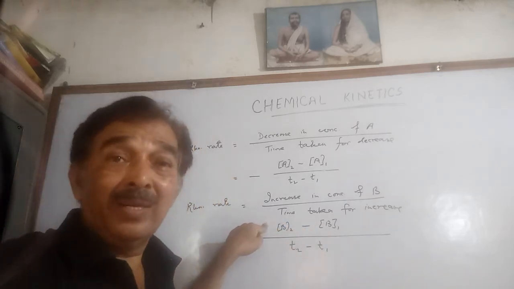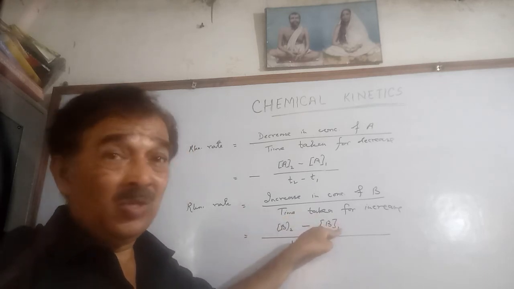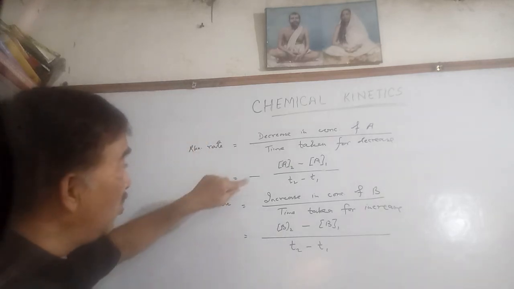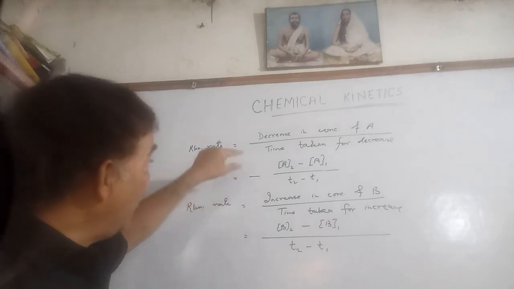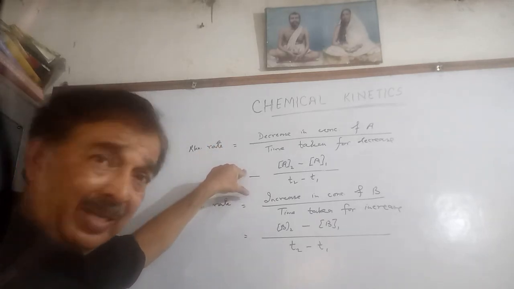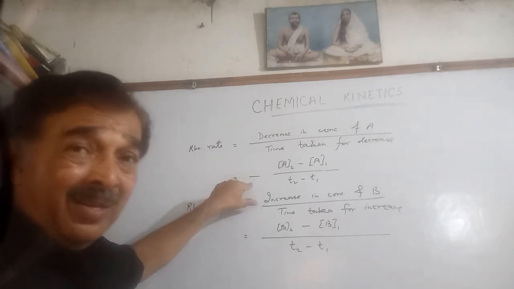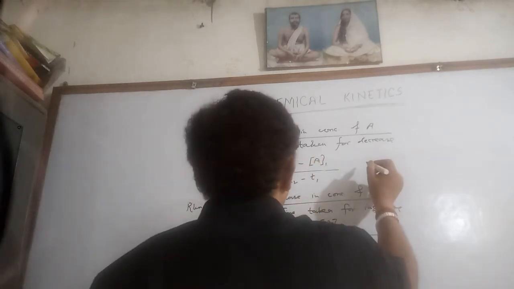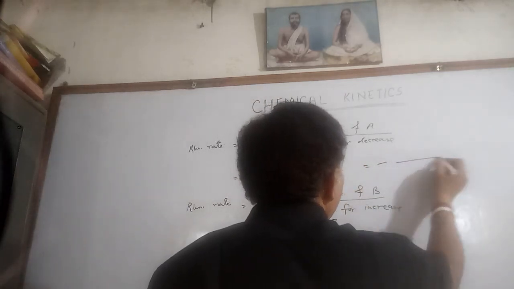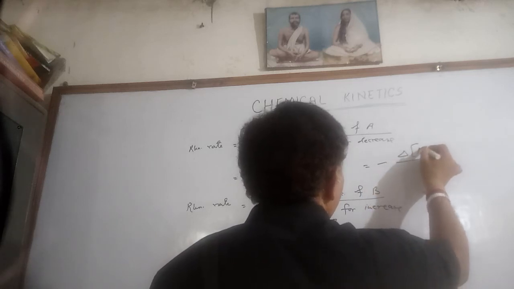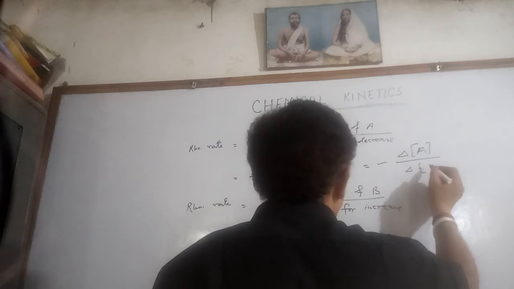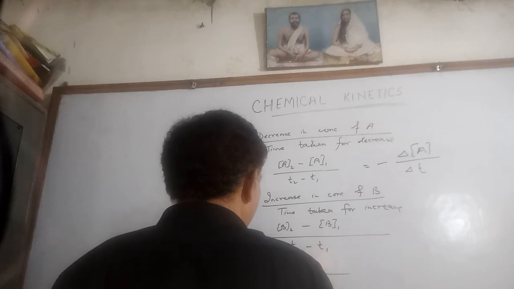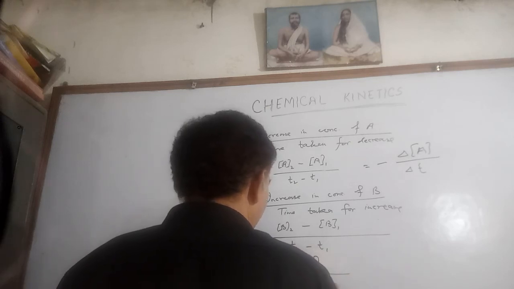Since B2 is greater than B1, the value will become positive. But to make it clear, we have to put a sign. In terms of a reactant, we will put a minus sign, and in terms of a product, we give a plus. So the same one can be written as minus del A by del t, and this one will be written as plus del B by del t.